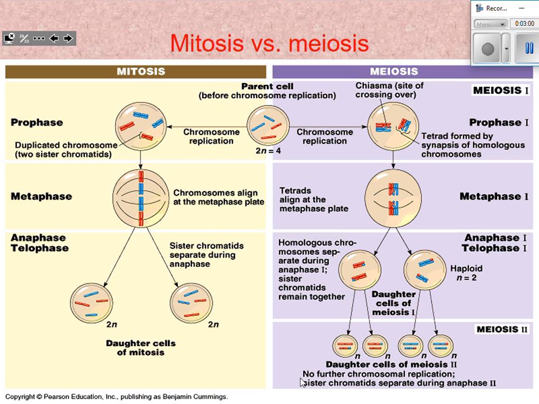Now look at these over here. These are haploid. How do we know those are haploid? It just says N. So in mitosis, you are having diploid cells being formed. In meiosis, we're taking it down to the haploid.